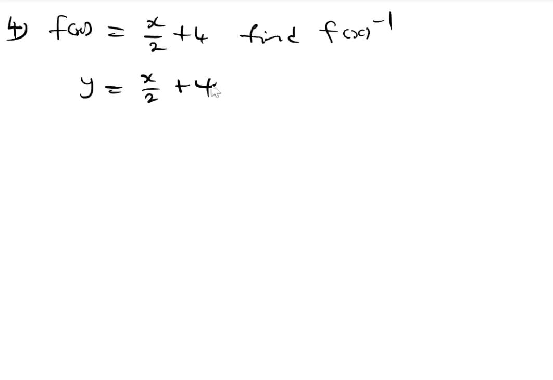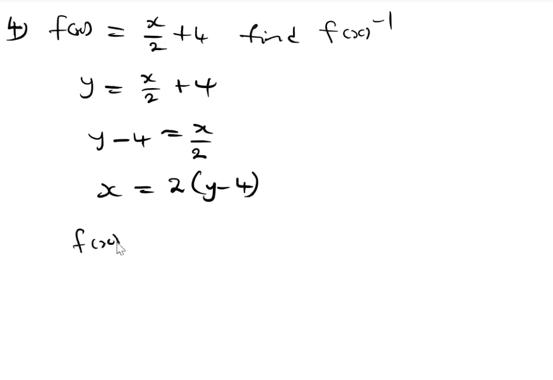I can take this 4 across, which is y minus 4 is equal to x divided by 2. Then when I cross multiply, x is equal to 2 into y minus 4. And now f of x inverse will be equal to 2 into, wherever you see y, you put x minus 4.